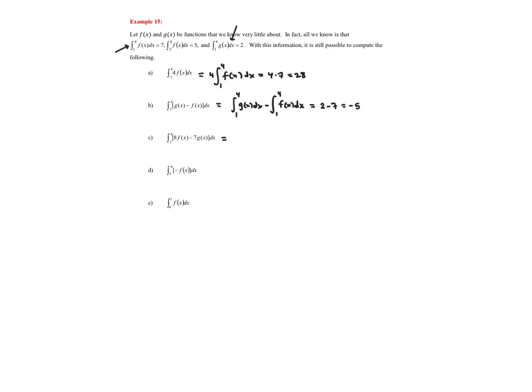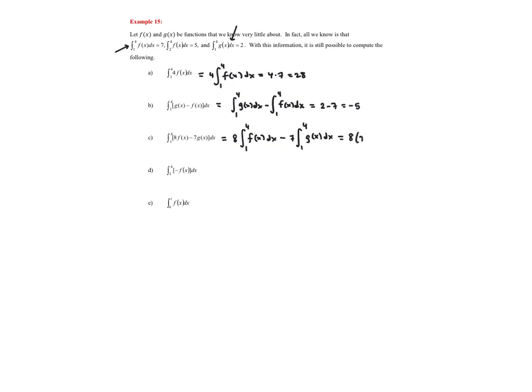Okay, very similarly, I would use both of those rules that we just looked at. 8 times the integral from 1 to 4 of f of x minus 7 times the integral from 1 to 4 of g of x. So the limits of integration and the integral itself distributes over the functions that are given.